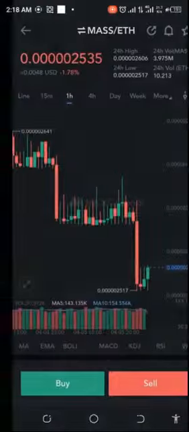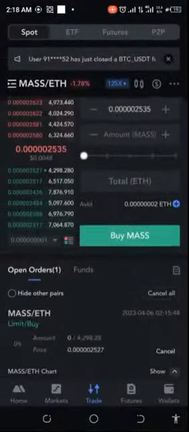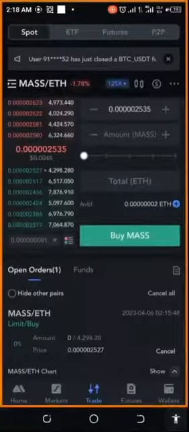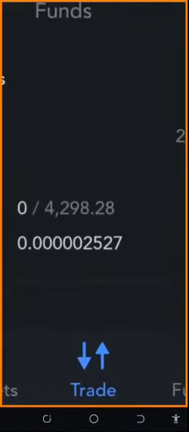What did we say? Has this gone? No, it hasn't. Okay, what we wanted to buy, we bought it at 2527. So this has to go down to 2527.